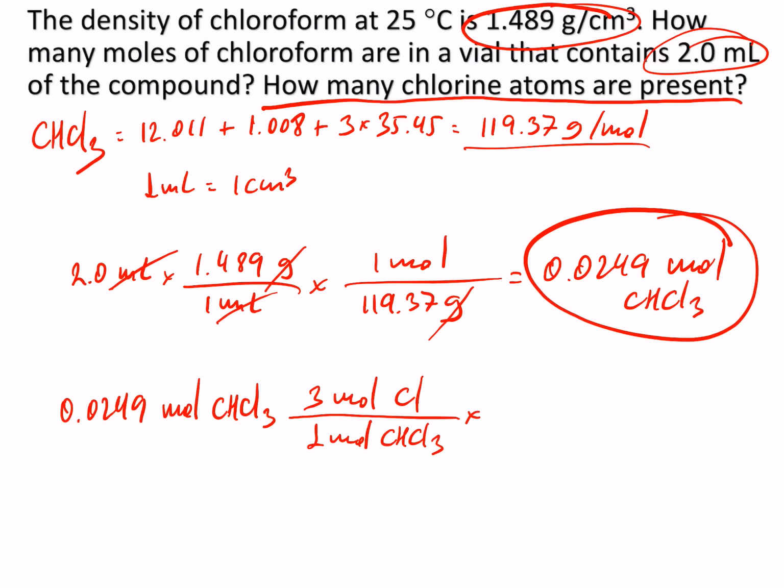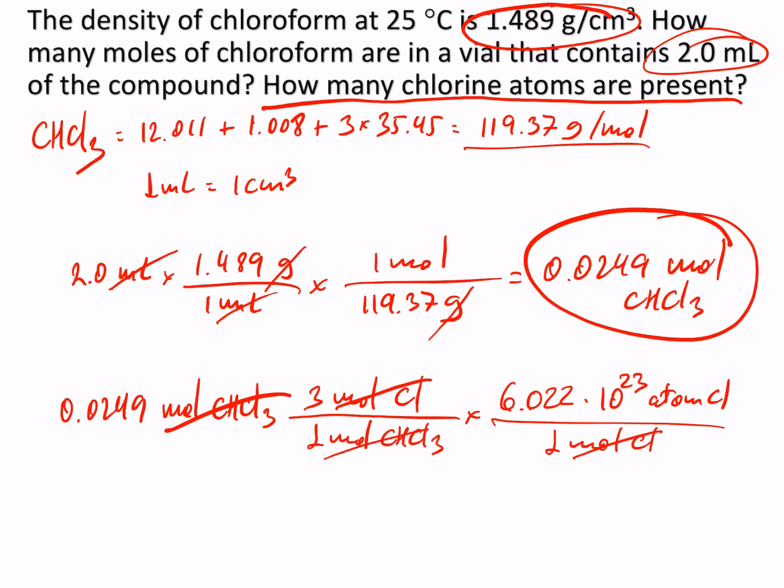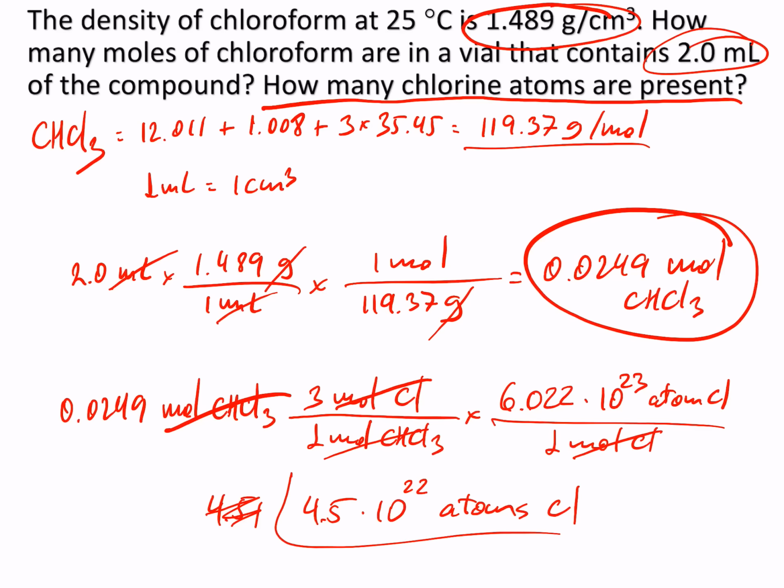Because you want the number of atoms, then you need to multiply by Avogadro's number, because Avogadro's number tells you that there is 6.022 10 to the power of 23 atoms in 1 mole of chlorine. This mole cancels with this mole, and after this calculation you should obtain something like 4.51. Actually, it should be 4.5 10 to the power of 22 atoms of chlorine. And that would be the answer to the second question.